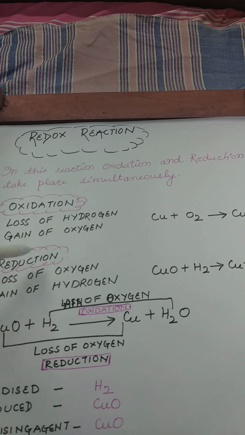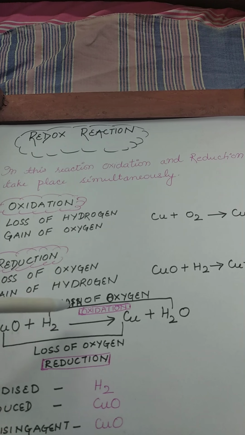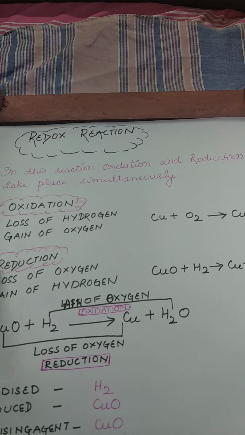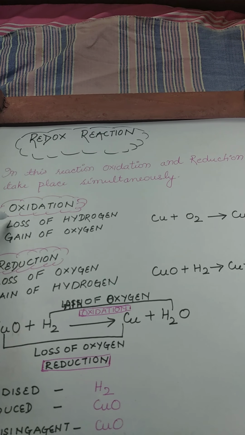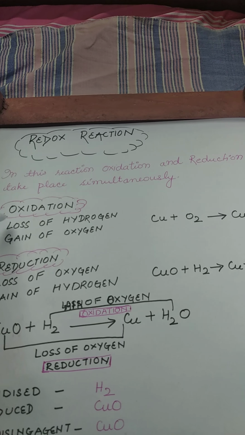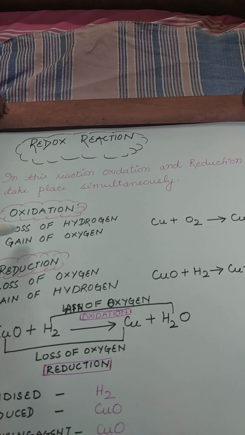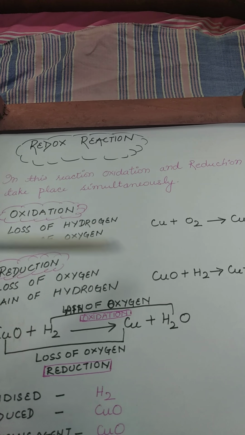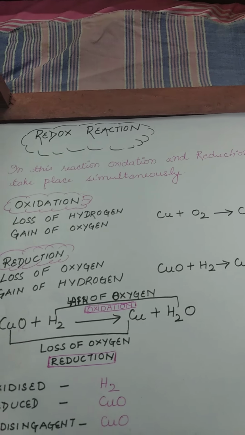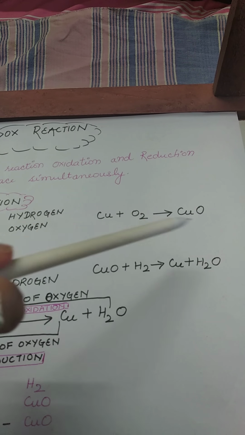Now before we proceed further, we should know what is the difference between oxidation and reduction. Oxidation means that reaction in which there is either loss of hydrogen or gain of oxygen. For example, Cu plus O2 gives CuO.